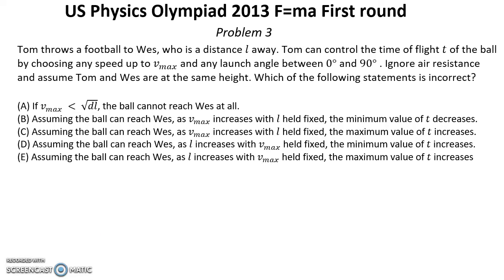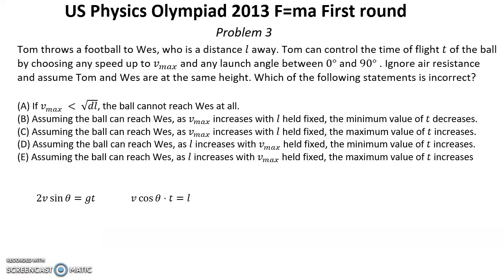Solution. Here we can use kinematic formulas for this problem. The first formula connects the change of the vertical part of the speed with time t, which is this one. And the second connects range with the horizontal speed at time t.